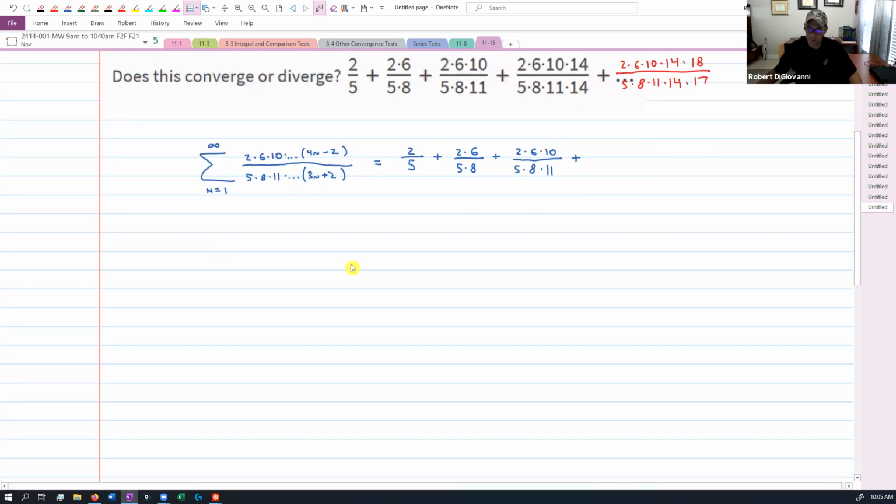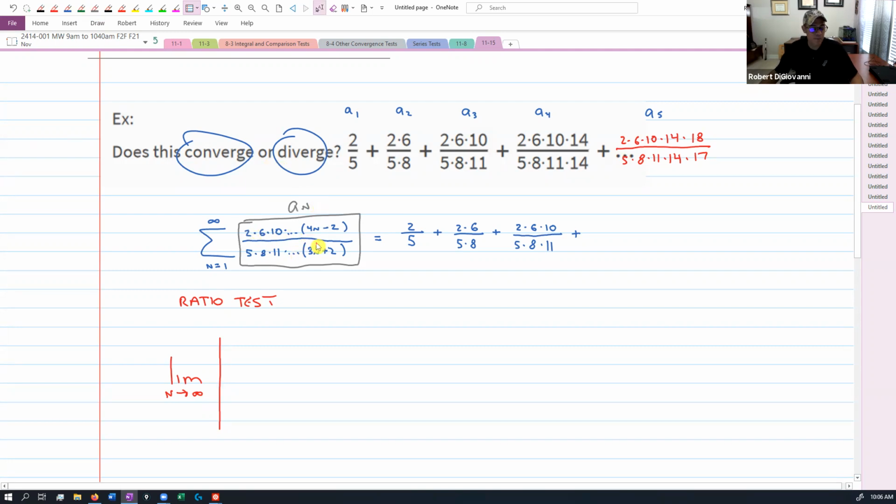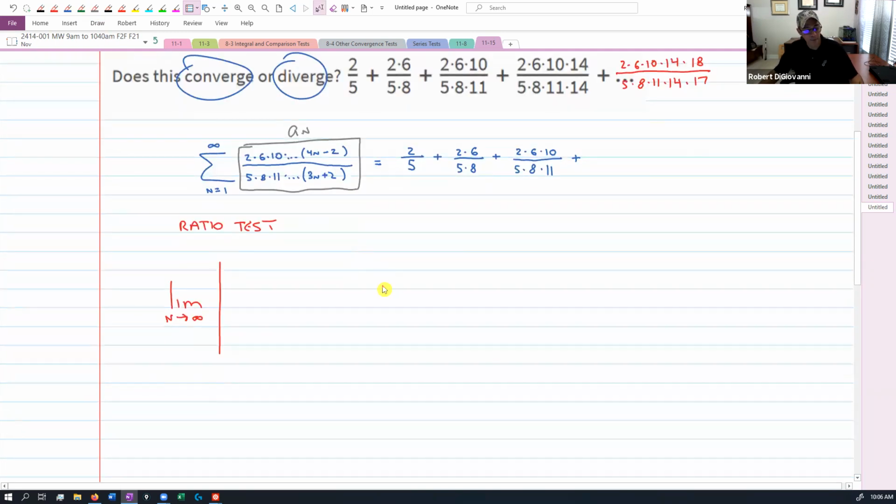All right. Does that converge or diverge? Well, let's bring in the ratio test. So I'm going to take the limit as n goes to infinity. Here's our a sub n. This is the formula right here. That's a sub n. So first thing I need to do is take this and replace all my n's with n plus 1s.